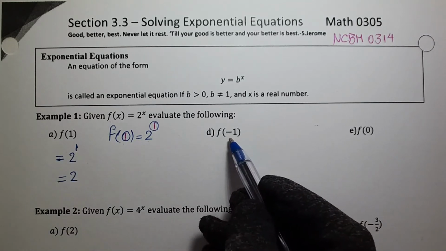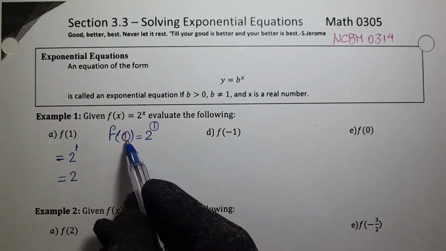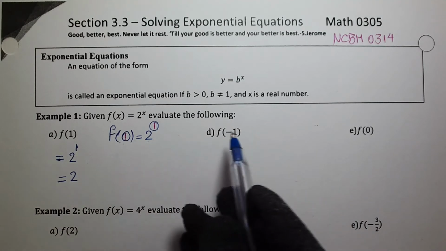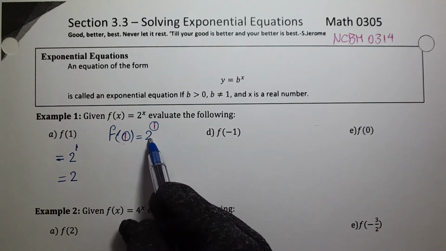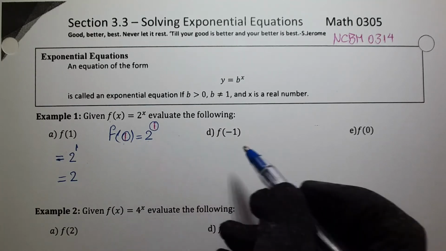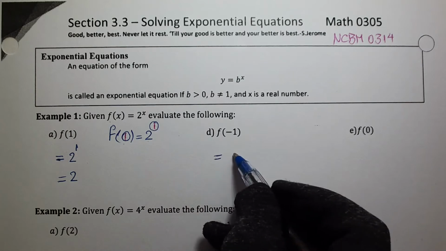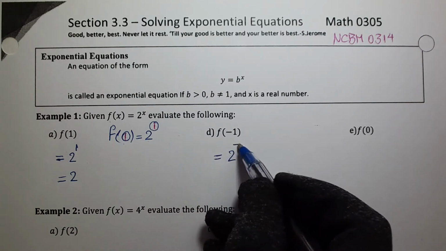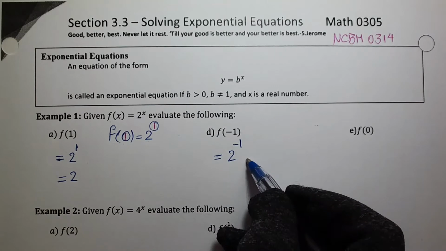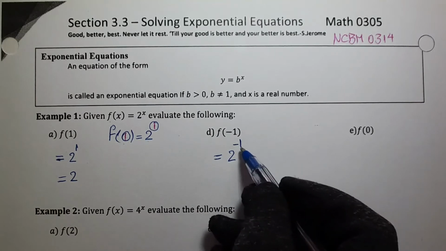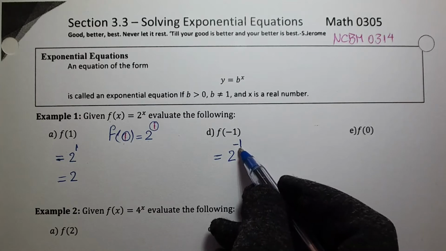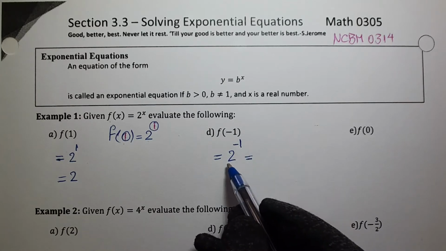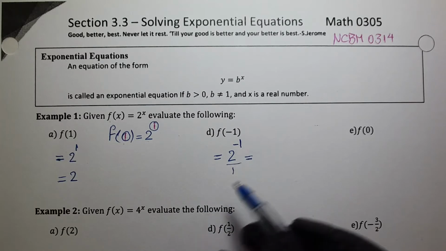Now if I have f of negative 1, it means in this blank space I substitute negative 1. So I will have 2 to the power of negative 1. You remember when we have a negative exponent, we always need to make that exponent positive. 2 to the power of negative 1, the denominator is 1.